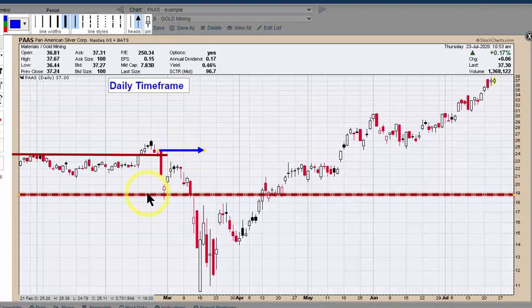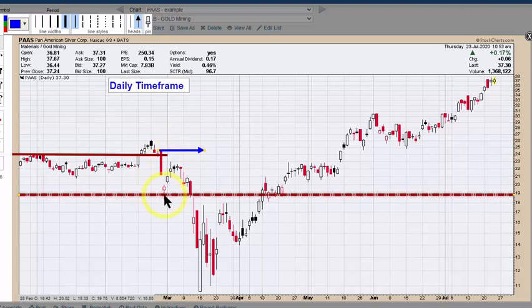You've pre-identified this level as support. Okay, so in your mind, if we get down there, I'm taking profits. You can either place a sell order at support, just like we did in the prior example, or you can set an alarm and do it manually, but you're planning on a bounce.